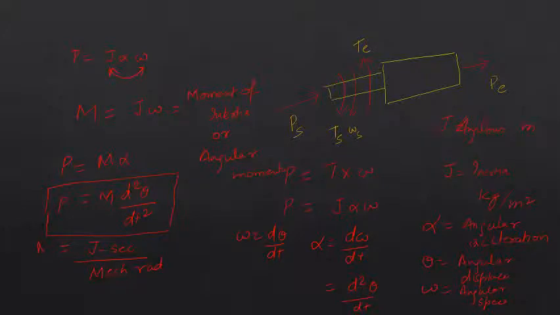Okay, now this quantity is mechanical radian. If the poles are different, there is a relation between electrical poles, electrical degree or electrical radian, and mechanical radian, right?